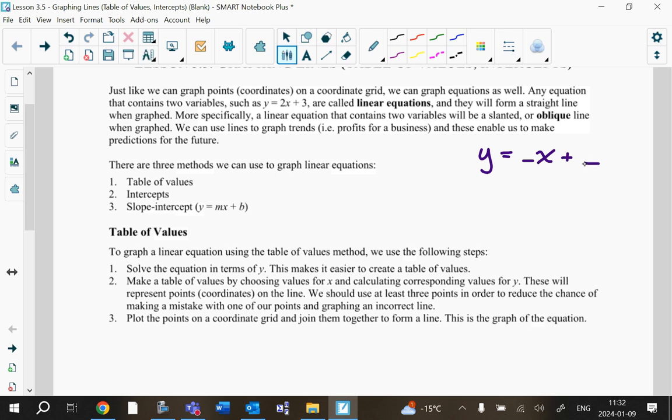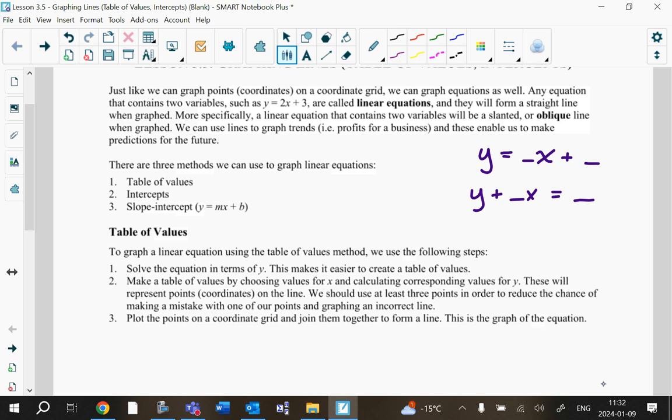It's an equation that has an x and y in it. It may not look exactly like this. Maybe it looks like this: some number y plus some number x equals some number.